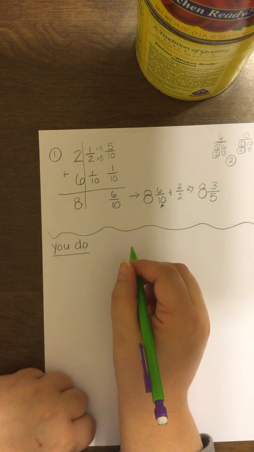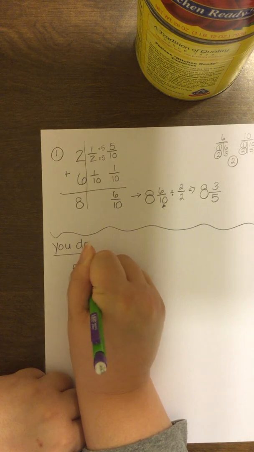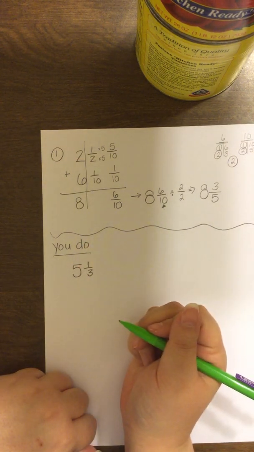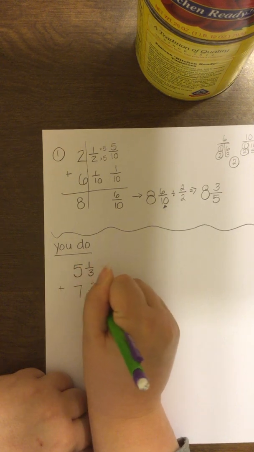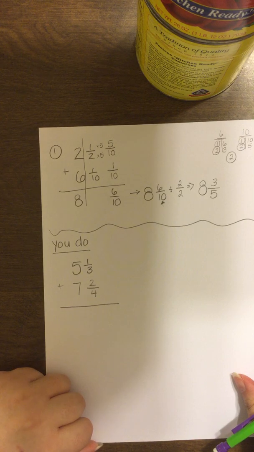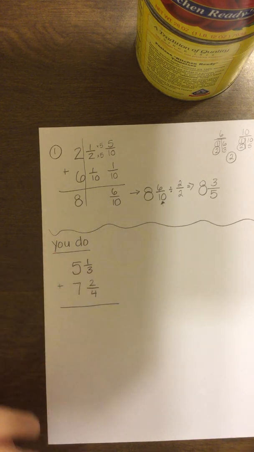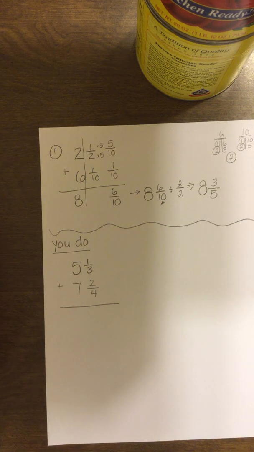So that would be 5 1/3 plus 7 2/4. So what I'd like you to do is pause the video and solve this. And when you are done, then hit play again and I'll go over the answer with you. So go ahead and pause your video now.